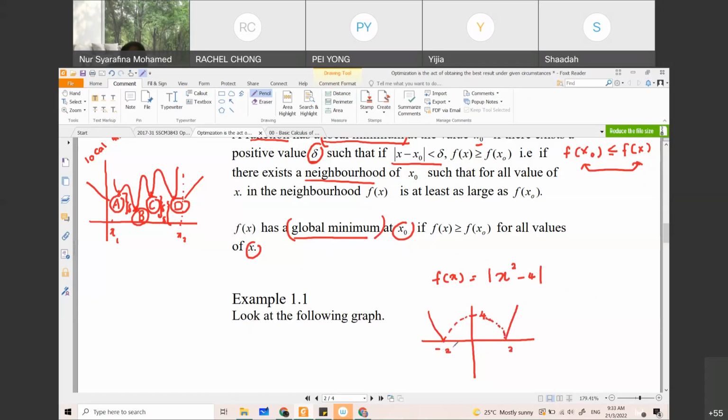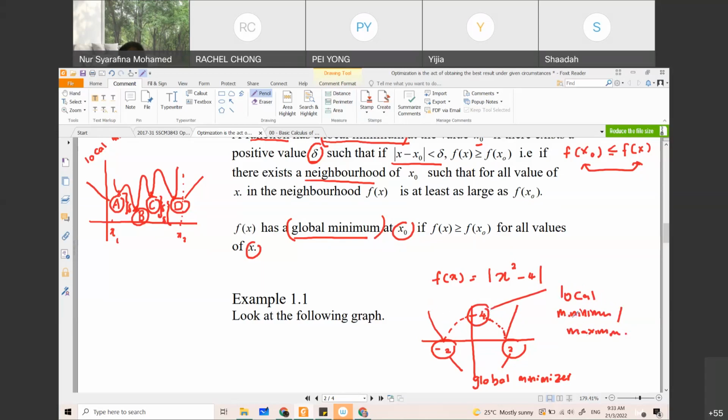Basically, you know that minus 2 and 2 here are global minimizers. We call them global minimizers. But 0 here can either be a local minimum or maximum because we don't know the characteristic of it yet. So as you can see, it can either be maximum or minimum.